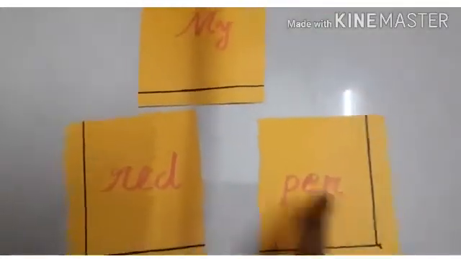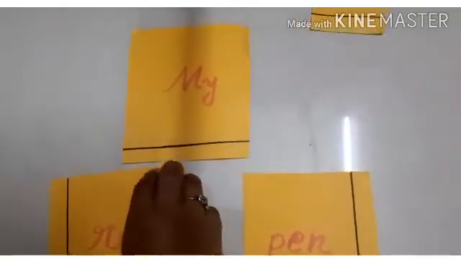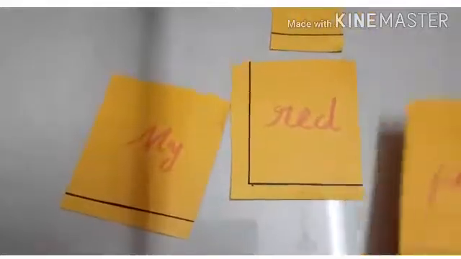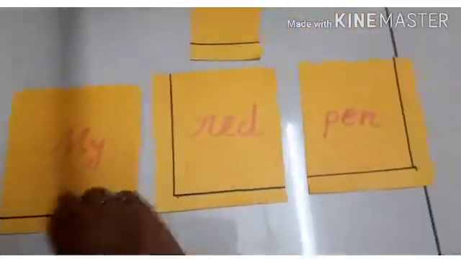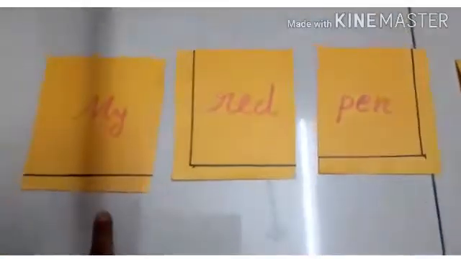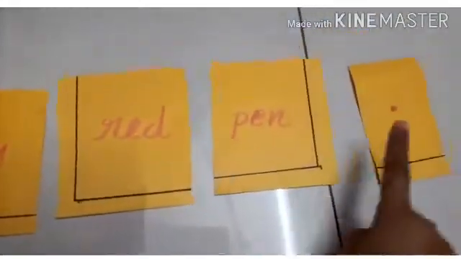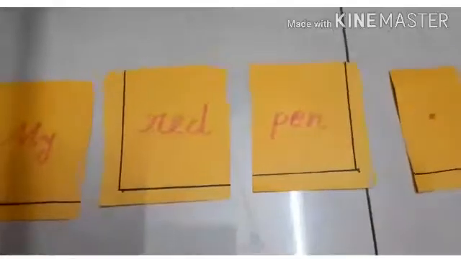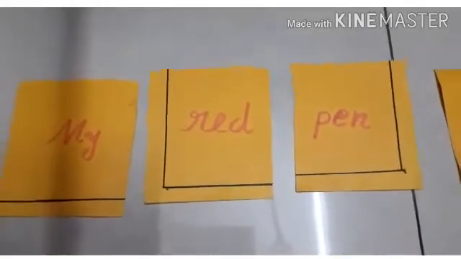My red pen. Which word can we put next? Of course that is red. So my red pen, and at the last our full stop. Now it's a meaningful sentence.